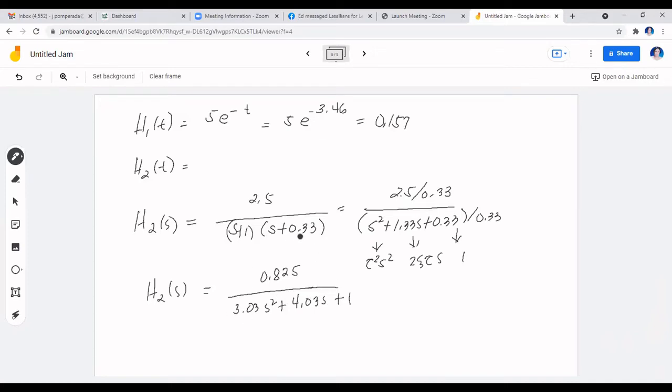Okay, so this is actually our transfer function. Actually, this is not the transfer function because we already multiplied it. If you recall, we already multiplied it with 5, which is our Q sub 2 of S. So if it's the transfer function that we want, the original that is, we put it back to its original form. Since this was already multiplied by 5, we will divide it by 5.